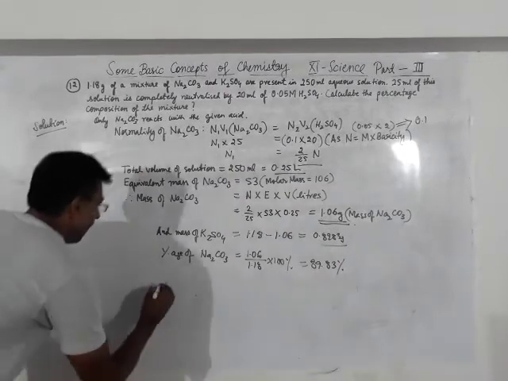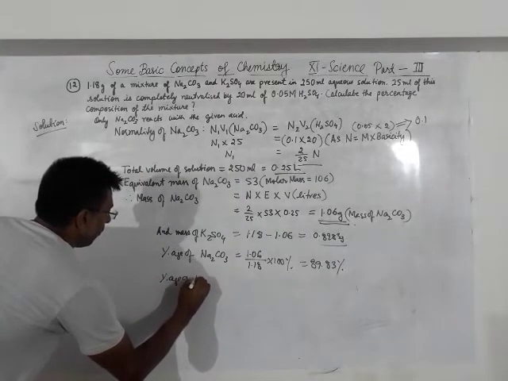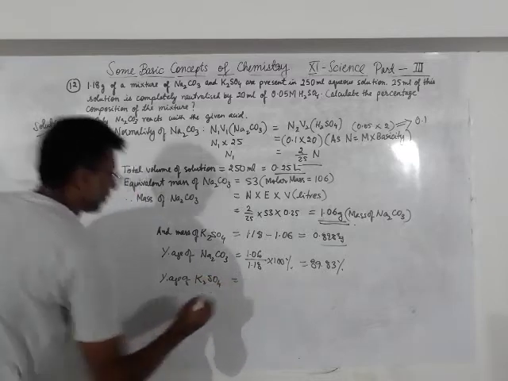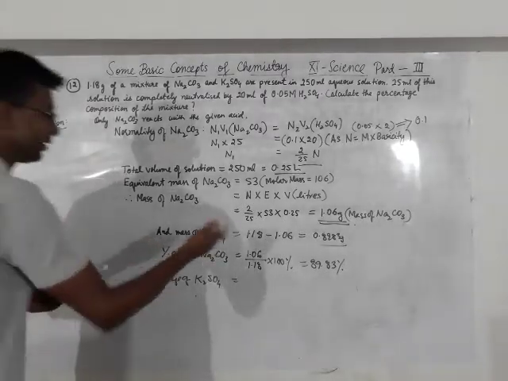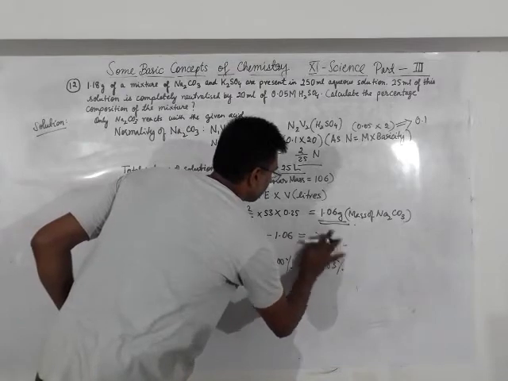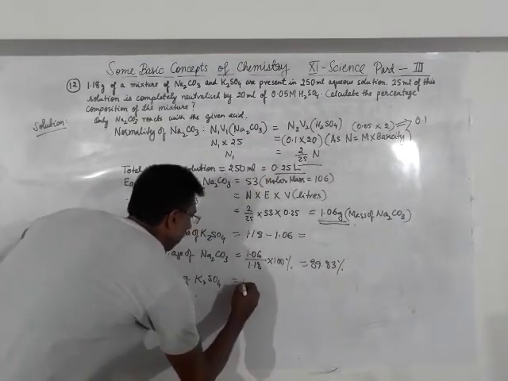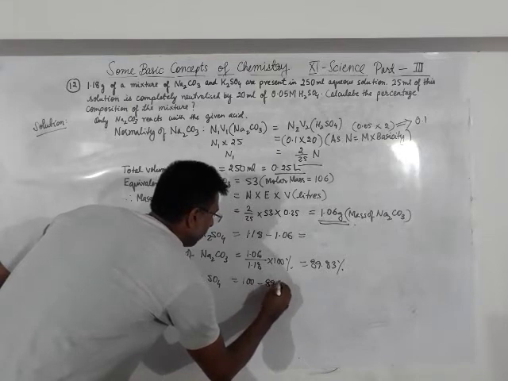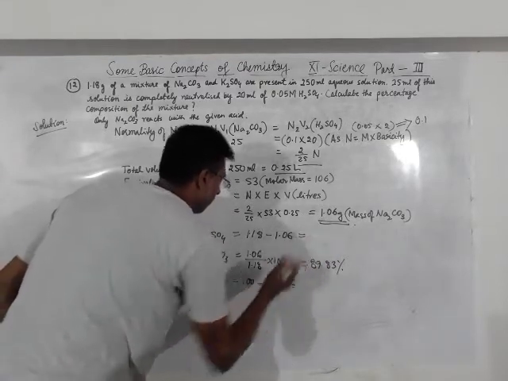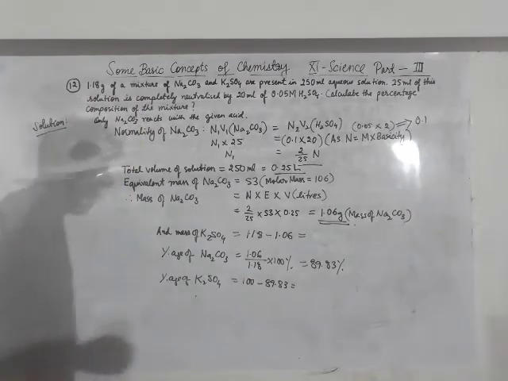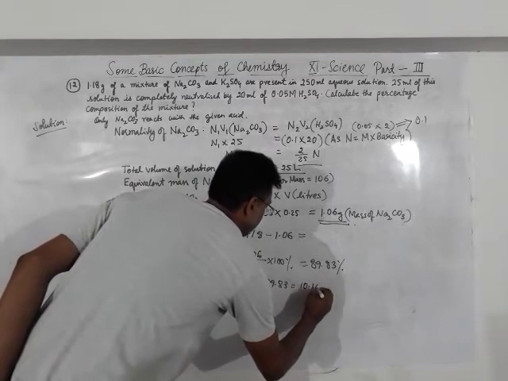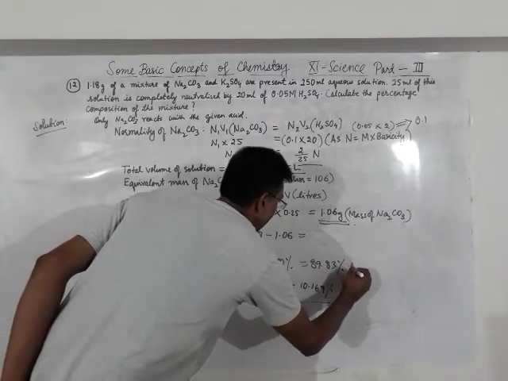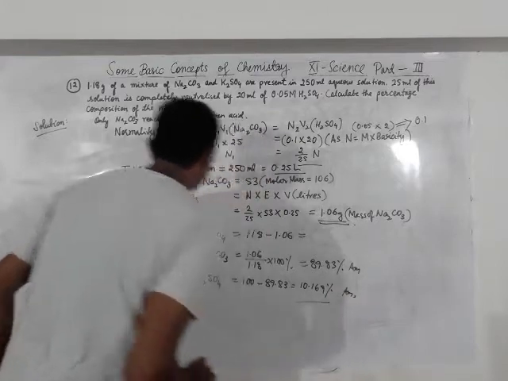And the percentage of potassium sulfate will be, again, 100 minus 89.83. This is not required actually, you can just directly do 100 minus 89.83. You can simplify this for your convenience later on. So the percentage of potassium sulfate comes to 10.169%. So these are our answers to this problem.